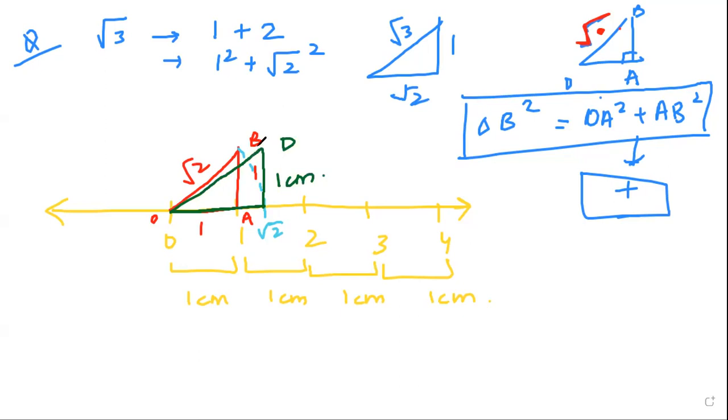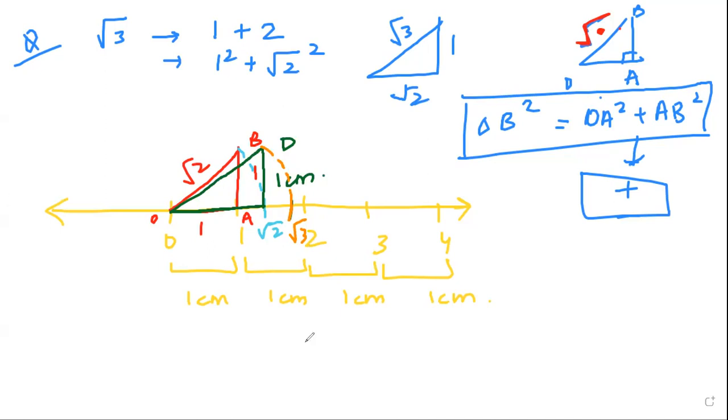Again take OD as the radius and cut an arc. So we made D, it is also supposed to be 1 centimeter, right? Yes, D is also 1 centimeter.